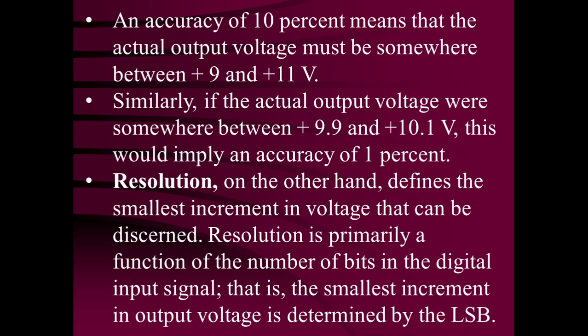So when you change the LSB, the resolution is defined by the weight of that LSB. Now the weight of the LSB depends on 1 upon 2 raised to n, where n indicates the number of bits in the digital signal. So if the number of bits in the digital signal is higher, the resolution of the circuit is going to be higher.